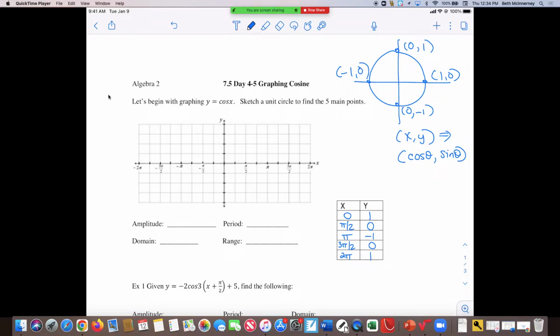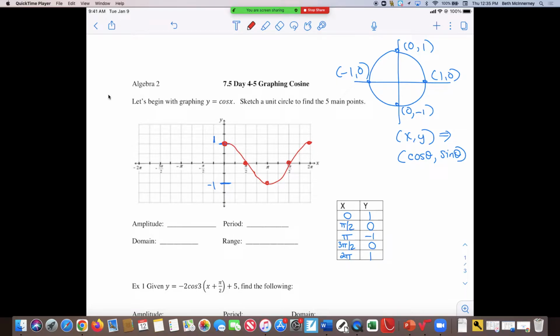So let's plot this, and let's go 2 ticks is 1. So I'll have, oh, this is different now, okay? This is 0, 1, pi over 2, 0, pi, -1, 3 pi over 2, 0, and 2 pi.